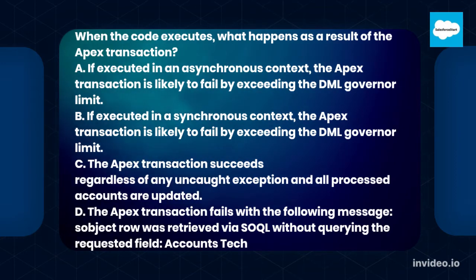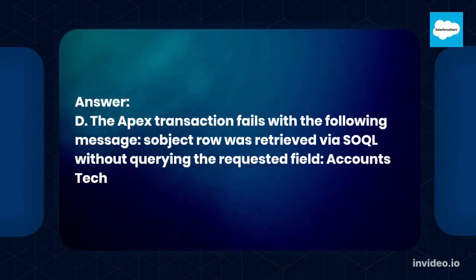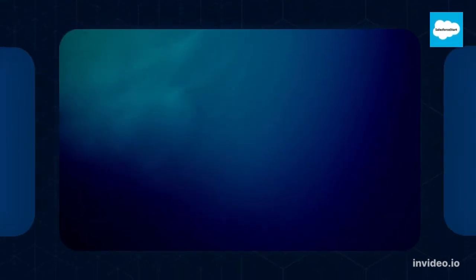B. If executed in a synchronous context, the Apex transaction is likely to fail by exceeding the DML governor limit. C. The Apex transaction succeeds regardless of any uncaught exception and all processed accounts are updated. D. The Apex transaction fails with the following message: SObject row was retrieved via SOQL without querying the requested field, Account.Is_Tech__c. Answer. D. The Apex transaction fails with the following message: SObject row was retrieved via SOQL without querying the requested field, Account.Is_Tech__c.